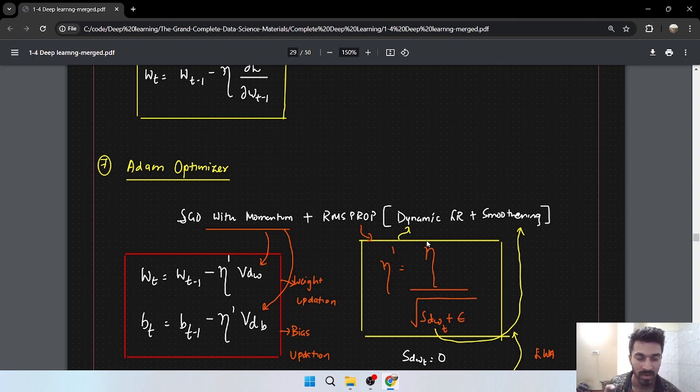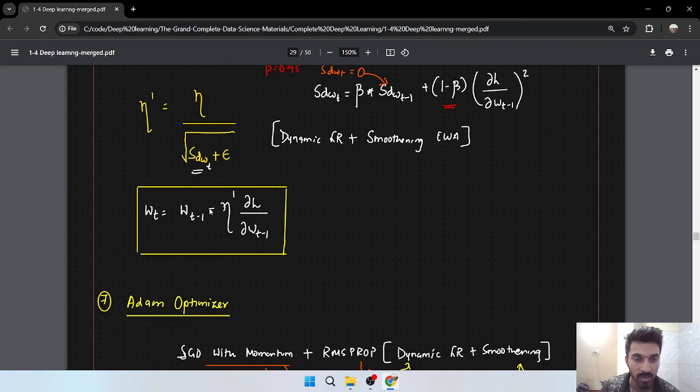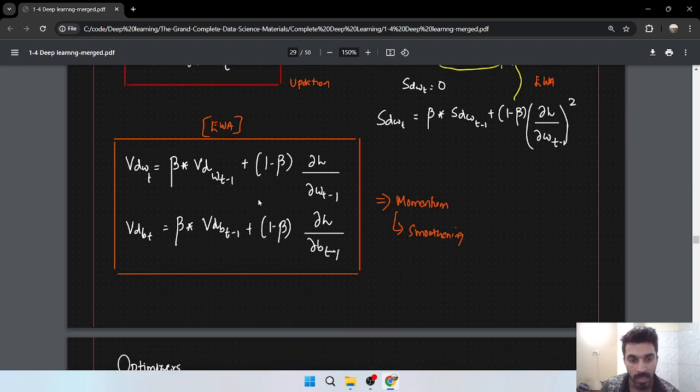So the smoothing factor now will become S of dW. S means smoothing factor, differentiation with respect to weight. And in this also there is differentiation of loss with respect to w.